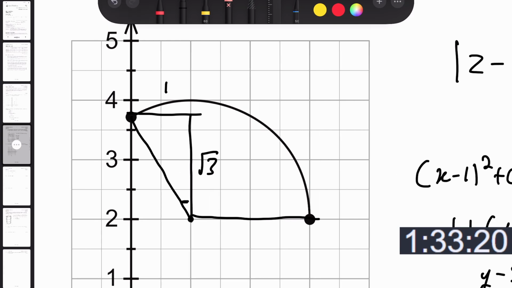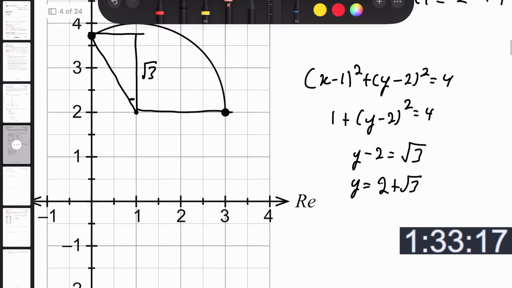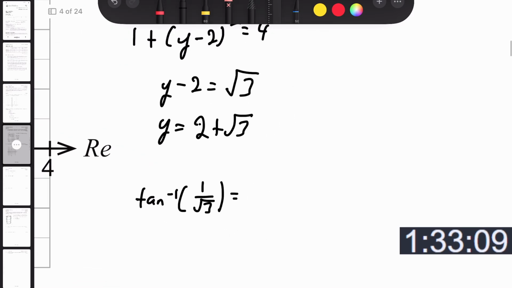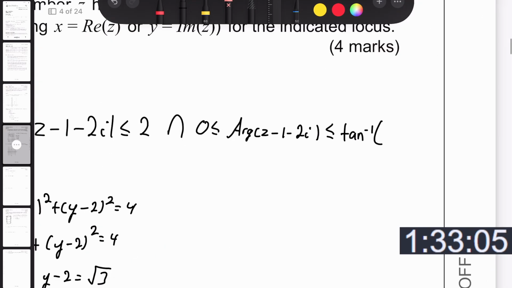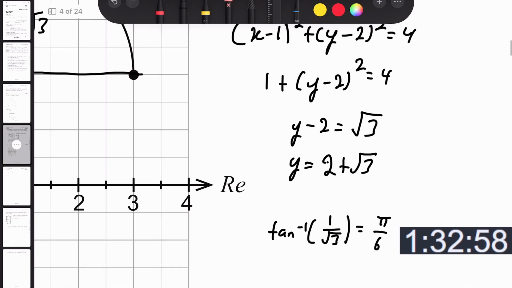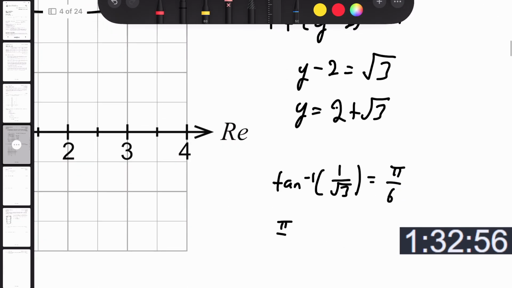So since that's a tangent of 1 over square root of 3, opposite over adjacent is equal to pi on 6, plus 30 degrees must be less than or equal to pi on 2 plus pi on 6, it's going to be equal to 2 pi on 3.